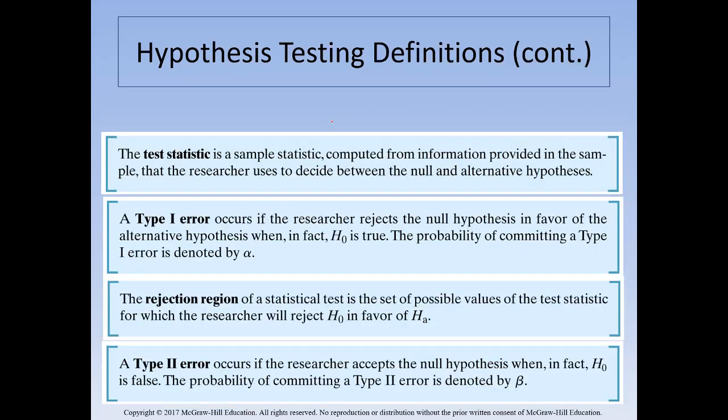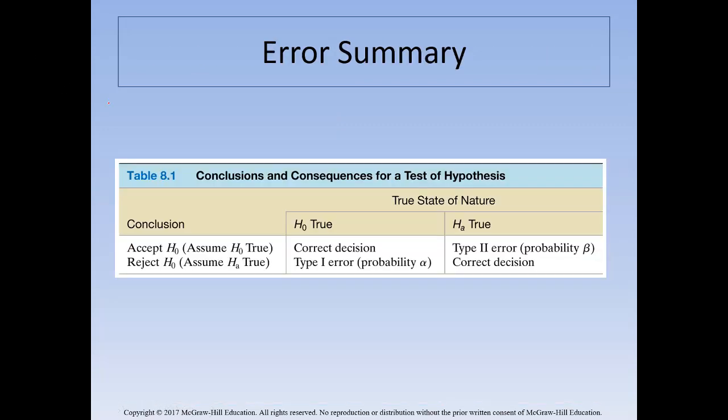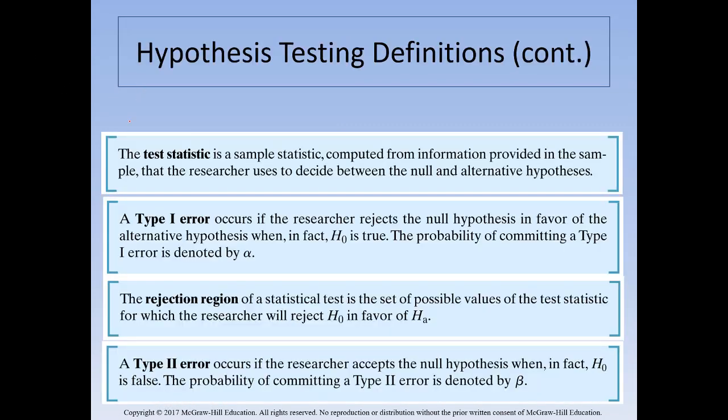A few more concepts, and I'll link this back to business stats too. So the test statistic, this is basically, when we do statistics, we're taking samples and we're trying to, as we've talked about earlier in the class, use them to show population parameters.